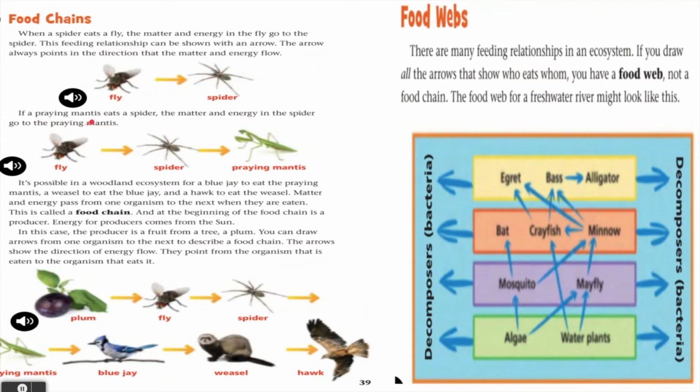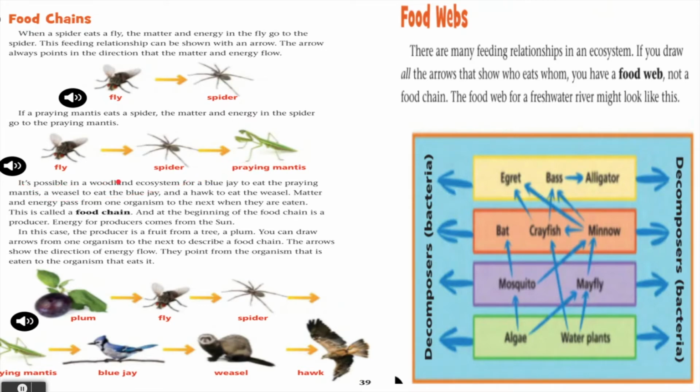If a praying mantis eats a spider, the matter and energy in the spider go to the praying mantis. From the fly to the spider to the praying mantis. It's one big chain how the energy is being transferred.